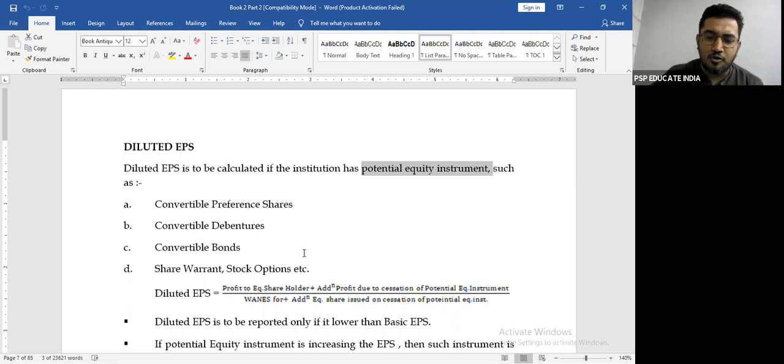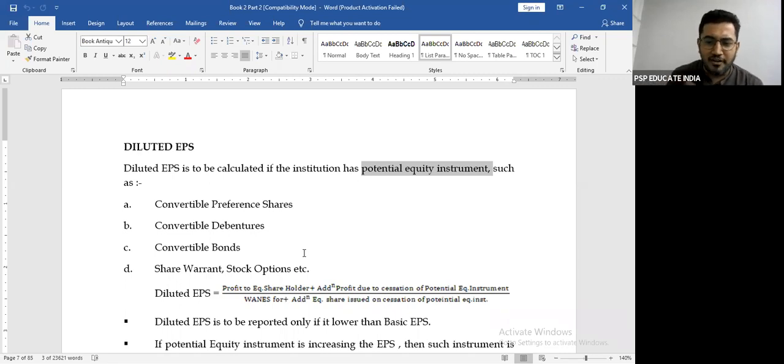When you save interest or cost, your profit will increase. So that is additional profit due to cessation of potential equity instrument. Say for example, you have convertible debentures. You know that today debenture interest, because today we have debentures, we charge it to the P&L because it is a charge against the profit. That debenture interest, going forward when these instruments, not debentures, become equity, then your debenture interest will be saved, that much expense will be saved for you. Because your expense is saved, this is as good as your increased profit.